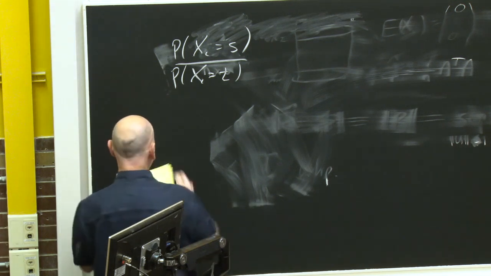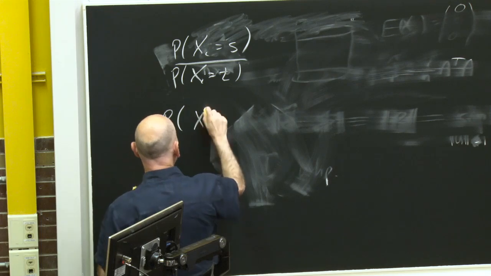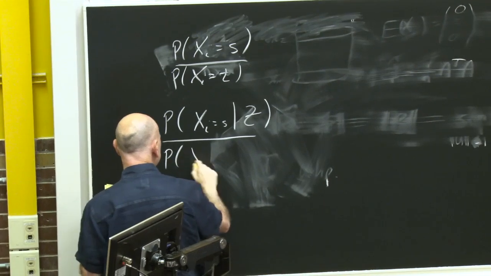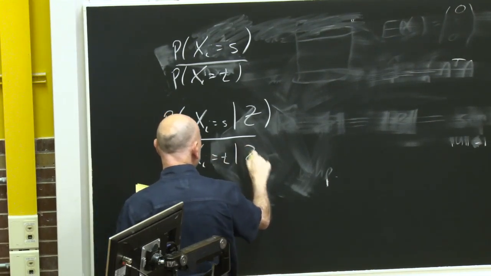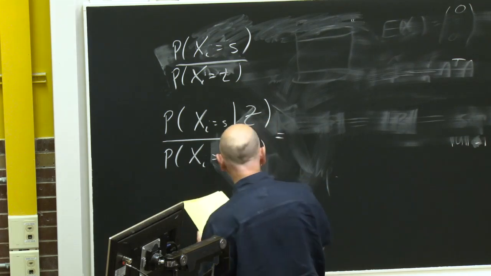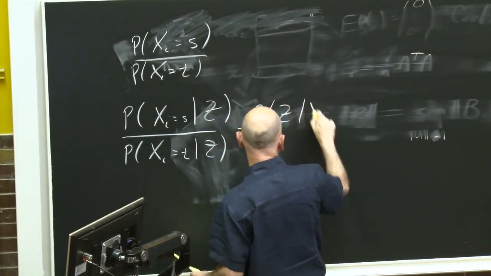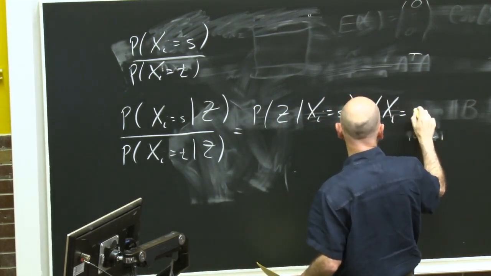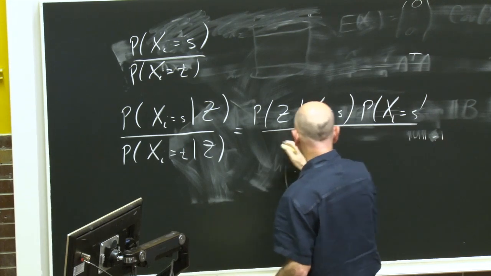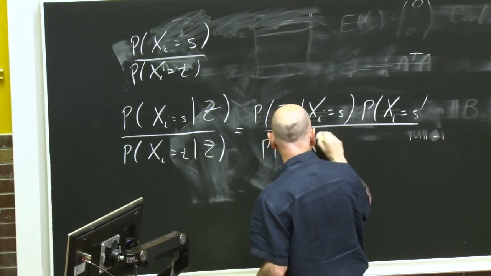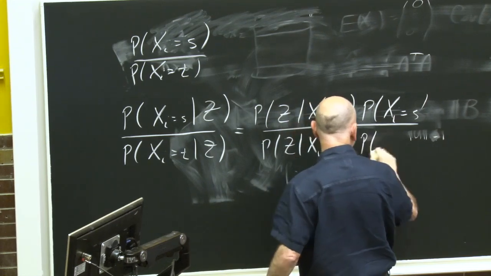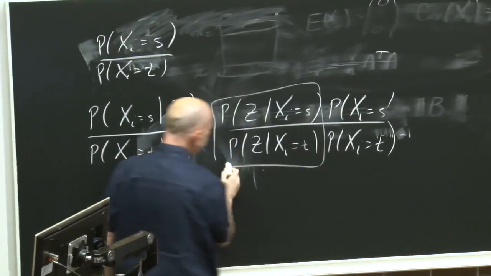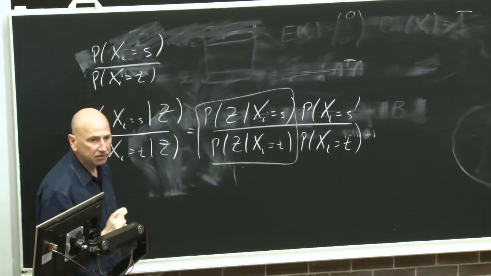But it's easy to see if we just do Bayes' theorem: the probability that xi is S, given that you've seen Z, versus this. We just do Bayes' theorem. That's the probability of Z given xi is S times the prior probability xi is S, over the probability of Z given xi is T times the prior probability xi is T. But this ratio is precisely the probability of Z after changing one record.